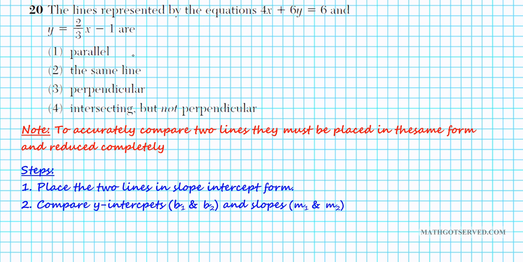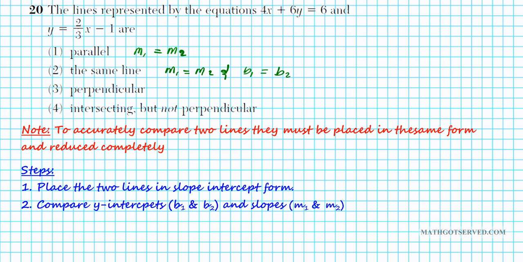When do you know that two lines are parallel? Line 1 is parallel to line 2 if M1, the slope of the first line, is equal to the slope of the second line, right? Two lines are the same if the slopes are the same, M1 is equal to M2, and the y-intercepts, if we're looking at slope-intercept form, B1 is equal to B2.